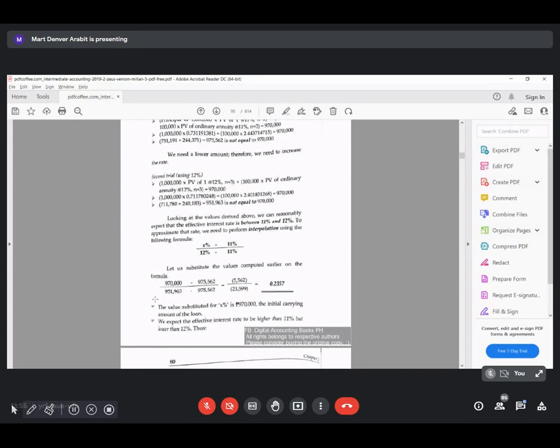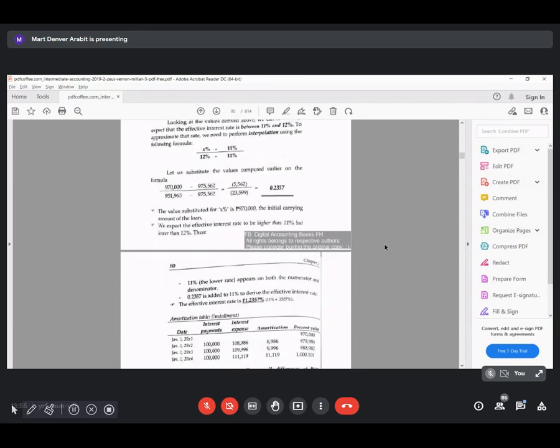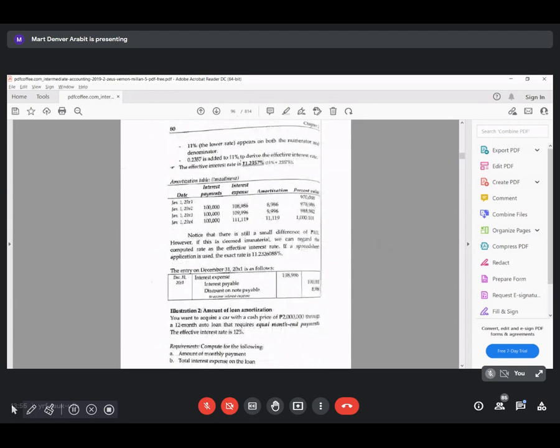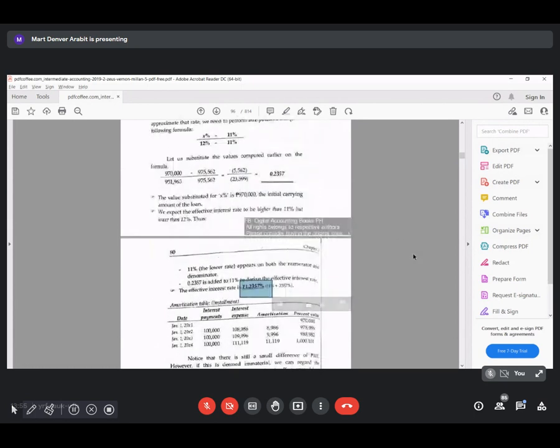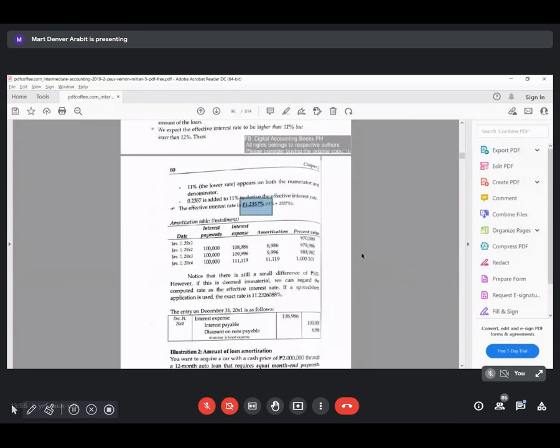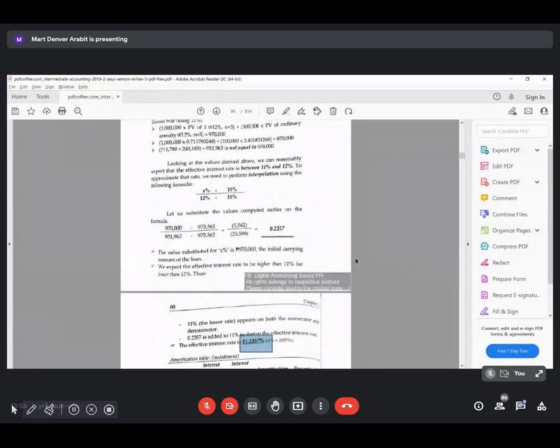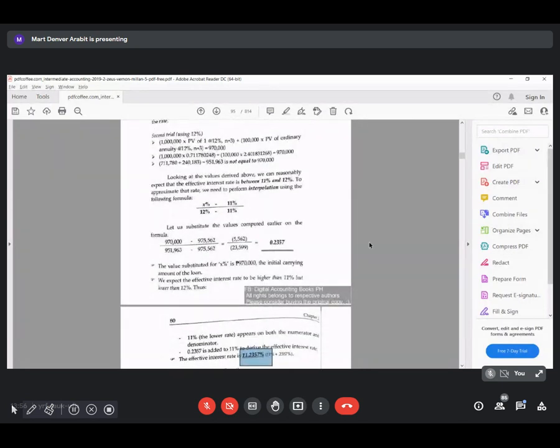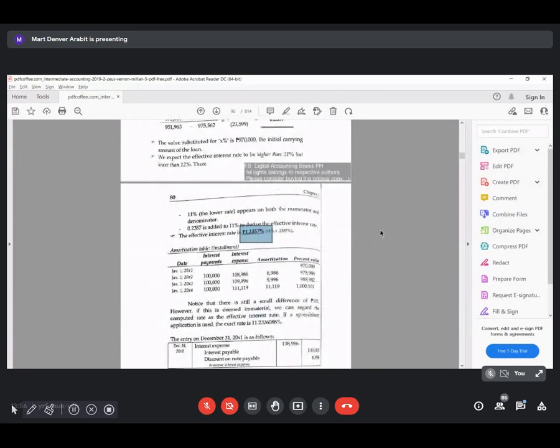Then, ang missing is 970 minus 11%, 975, and sa baba is 12%. So, ang ratio ng dalawa is 23.57. So, therefore, ang ating effective interest rate is 11.2357%. Okay, so that is how interpolation works. Kapag kailangan mo recompute ng interest rate.